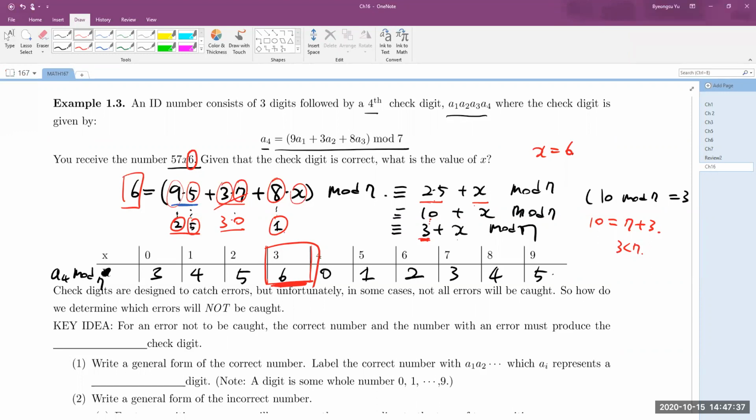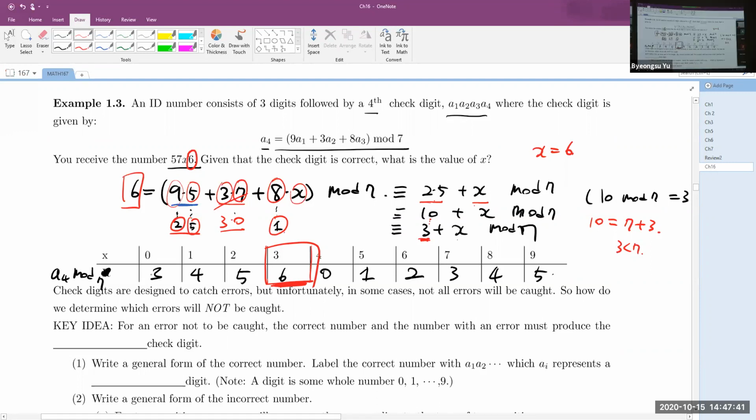Where did you get the numbers that you filled in the bottom row? I filled this bottom row from the formula 3 plus x, right? If x is 0, then you get 3.